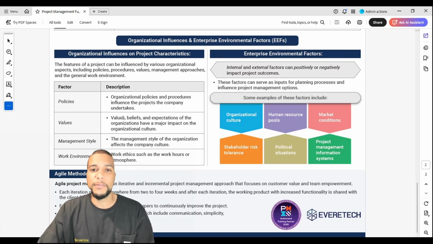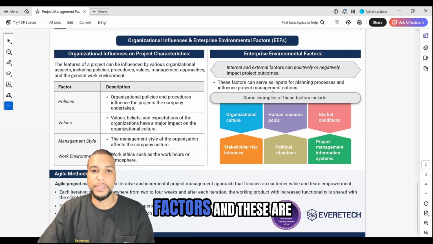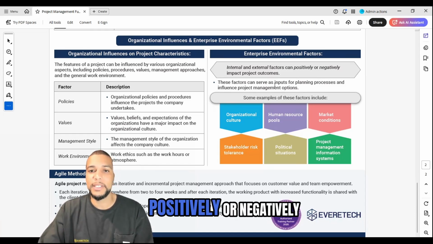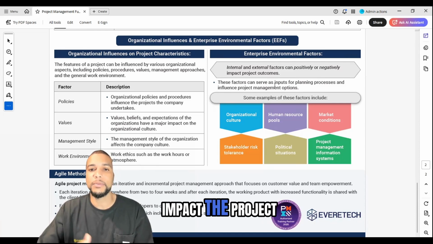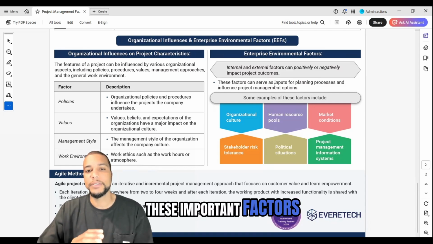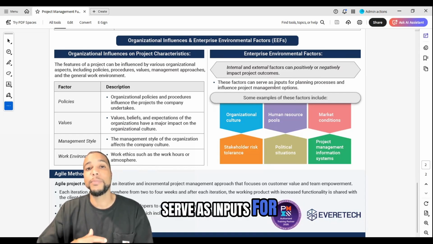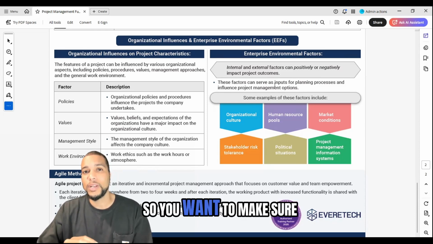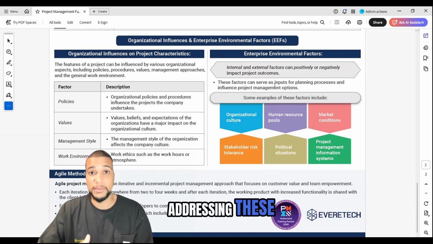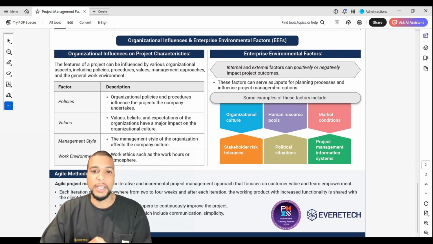We'll also get to enterprise environmental factors. And these are internal and external factors that can positively or negatively impact the project outcomes. These important factors serve as inputs for planning processes. So you want to make sure that when you're planning, you are addressing these enterprise environmental factors.